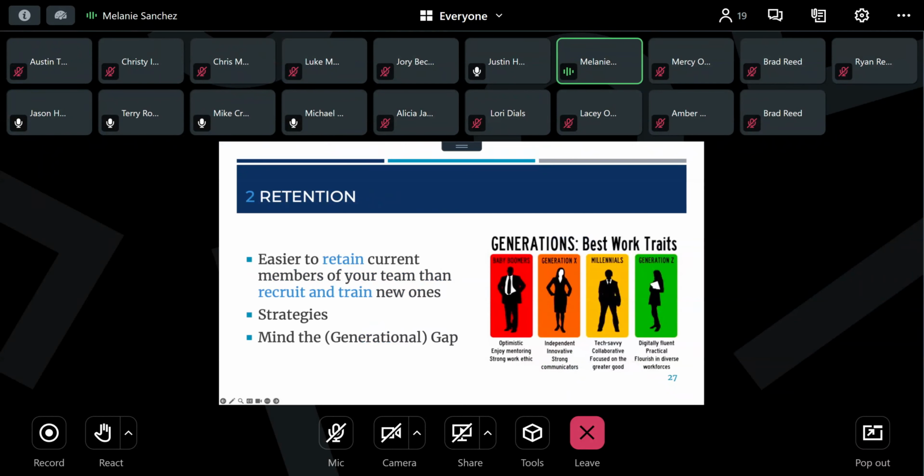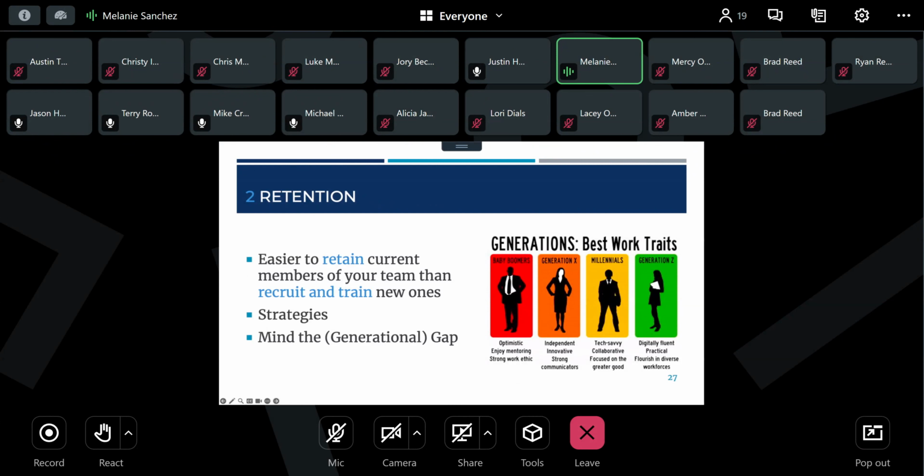So then, as the slide suggests, it's often easier to keep your current team members than to go through the lengthy and costly process of recruiting and training new ones. In today's diverse workplace, we're often working alongside individuals from various age groups. Each of them has unique perspectives and values.